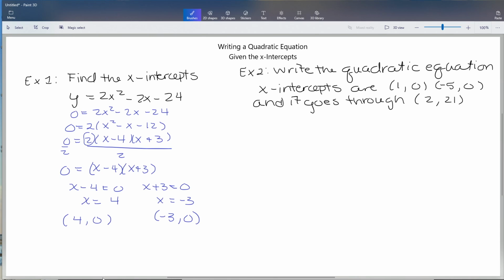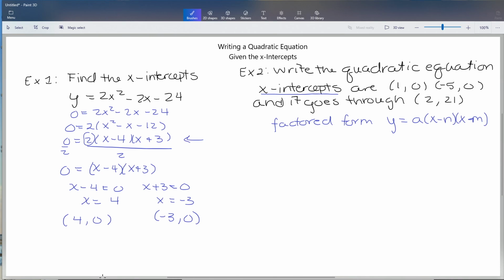Okay, so the first thing I'm going to do is know that when I look at my x-intercepts, I'm going to be looking at the factored form. Right? My factored form that looks like y equals a times x minus n times x minus m, really this form that we're looking at right here, okay?